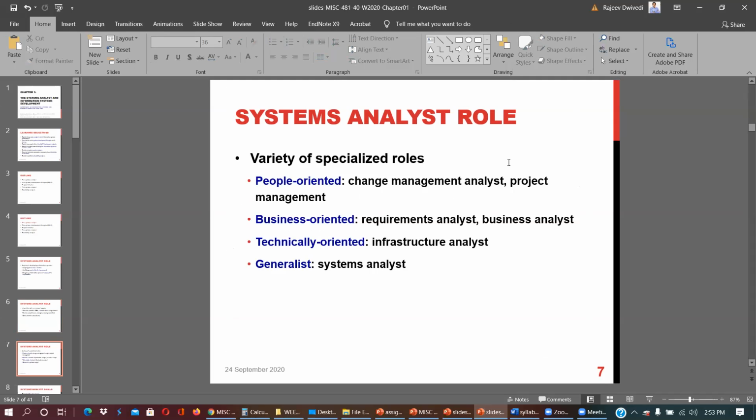What is the system analyst role? A variety of specialized roles, people oriented, change management analyst, project management. What is this?